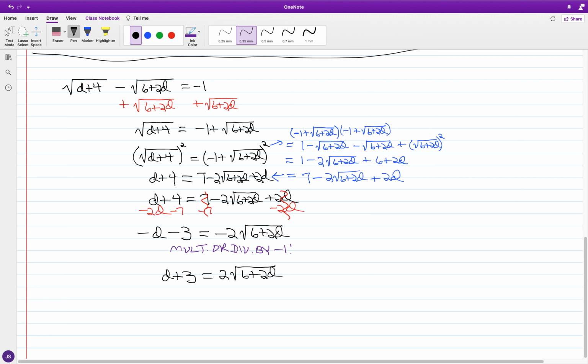So all the negative signs are changed. And now we've got the radical term isolated. Now I could divide by 2, but if you do not want to work with fractions, you can just keep what we have and square out.